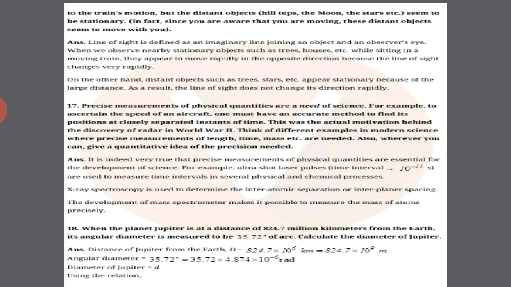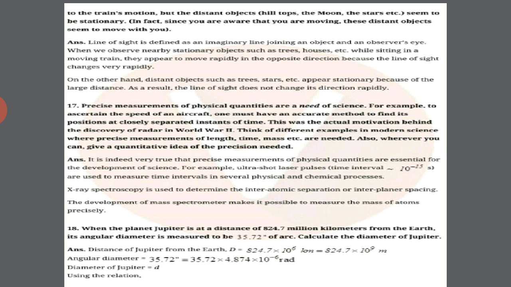The line of sight is defined as an imaginary line joining an object and an observer's eye. When we observe nearby stationary objects such as trees, houses, etc., while sitting in a moving train, they appear to move rapidly in the opposite direction because the line of sight changes very rapidly.